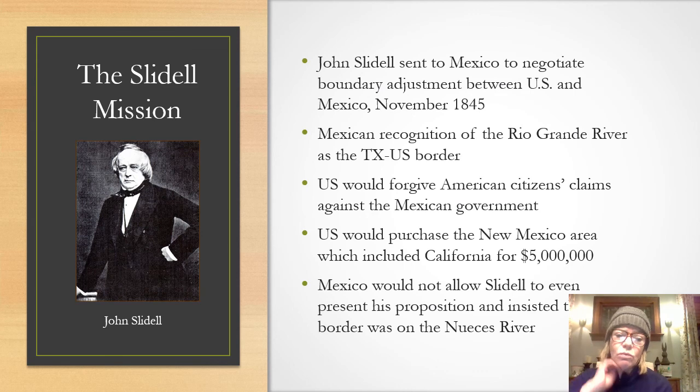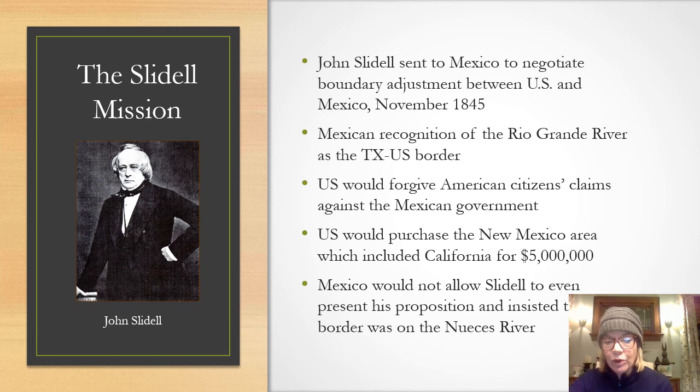All right, so Polk desires California and all of this territory. So he sends John Slidell to Mexico to negotiate an agreement where we establish the border between Texas and the United States at the Rio Grande River.